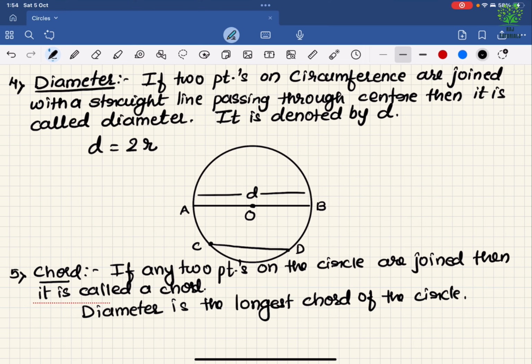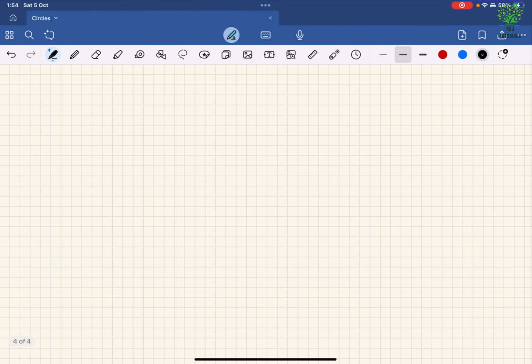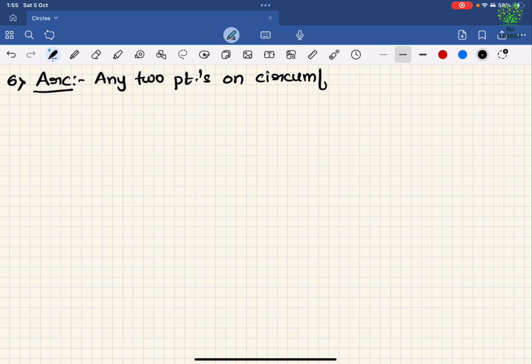Then moving ahead, sixth point says arc. Any 2 points on circumference taken on circle is called an arc.